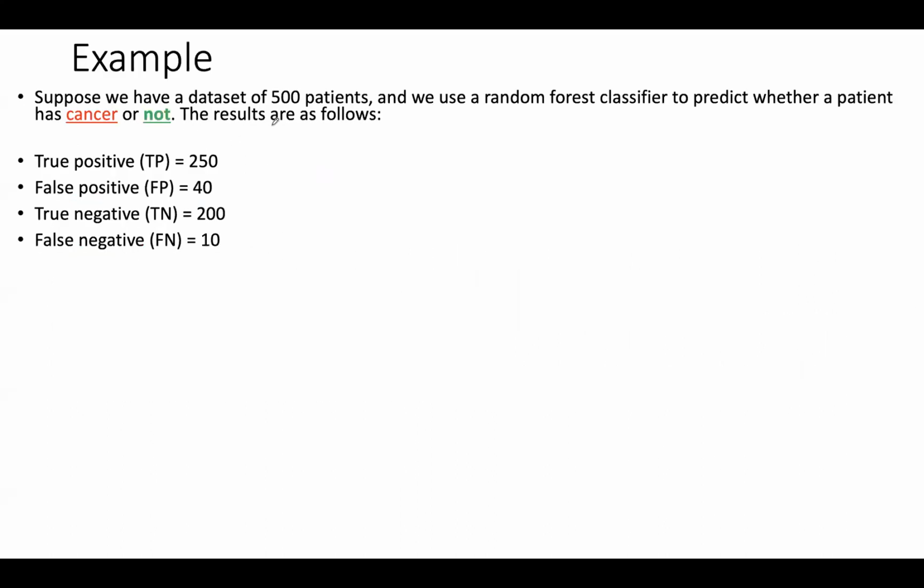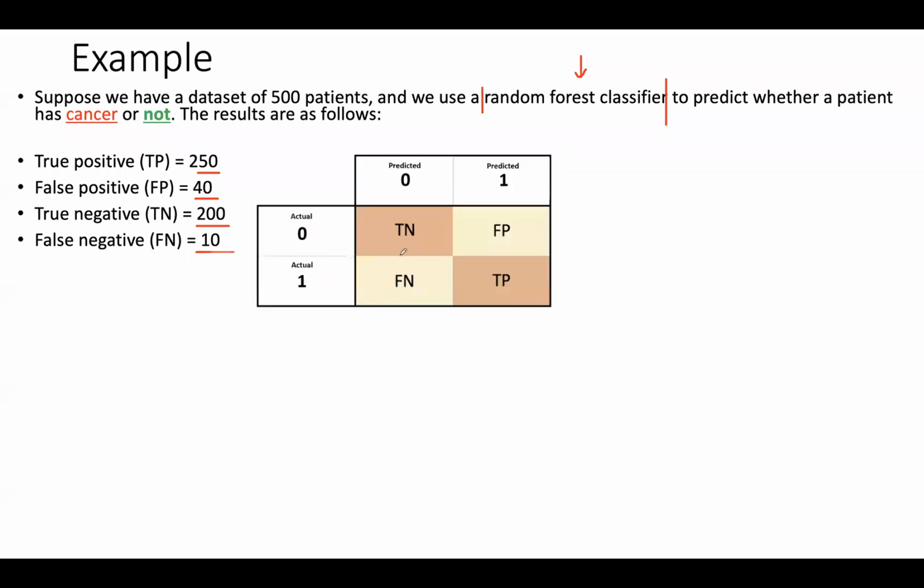So suppose we have a data set of 500 patients, and let's say we choose a random forest classifier. This is a classification algorithm to predict whether a patient has cancer or not. So let's say true positive is 250, false positive is 40, true negative is 200, and false negative is 10. So let's go ahead and compute.